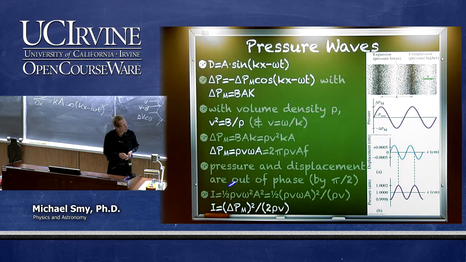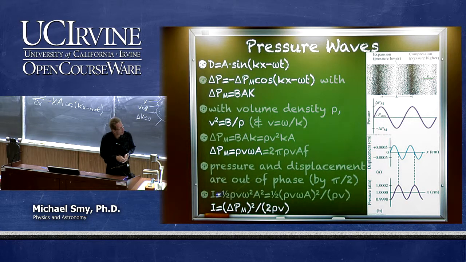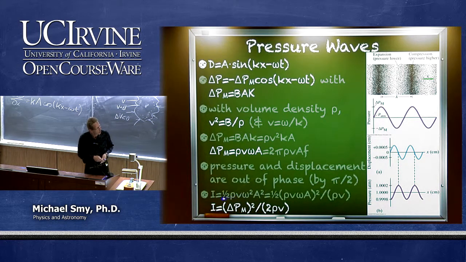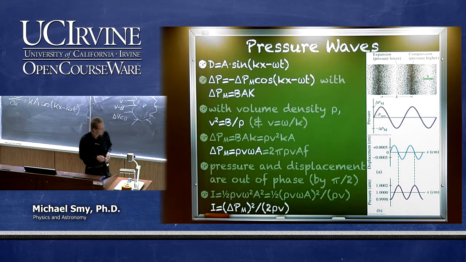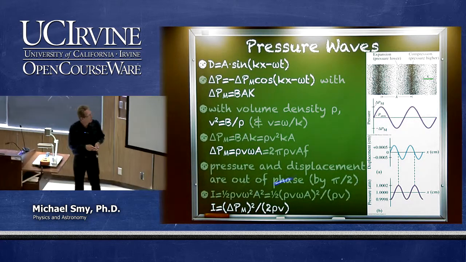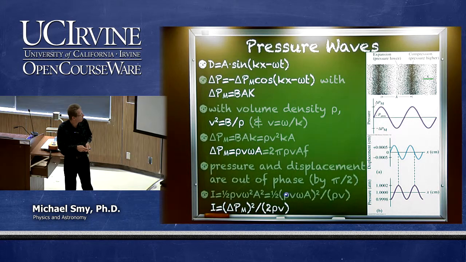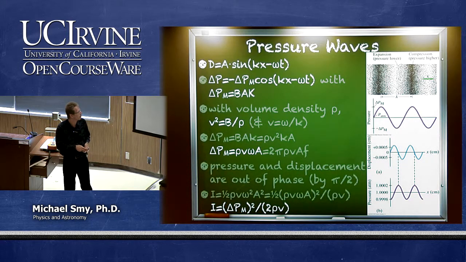Finally, we can look at the intensity. And we know from the previous chapter that the intensity is given by this expression. And if we pick up an extra rho times velocity in both the numerator and the denominator, then we get rho v omega a in parentheses square, which is exactly the expression for the pressure amplitude.